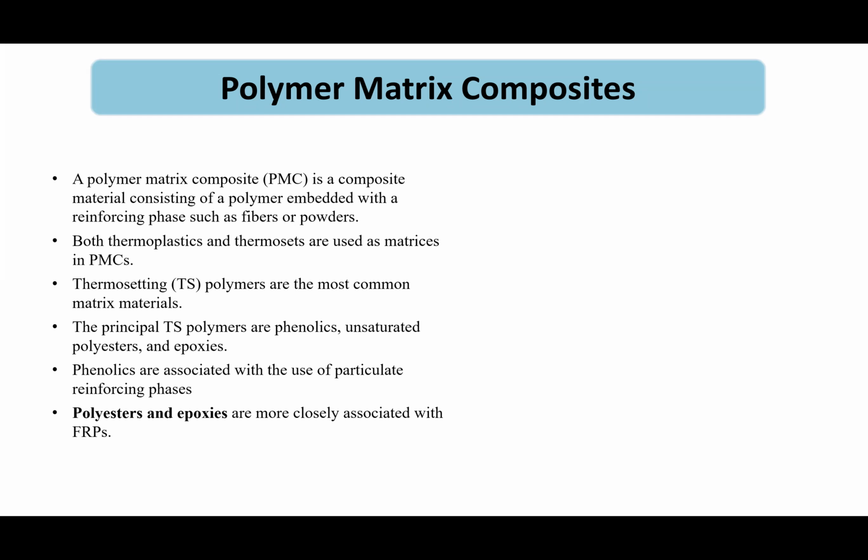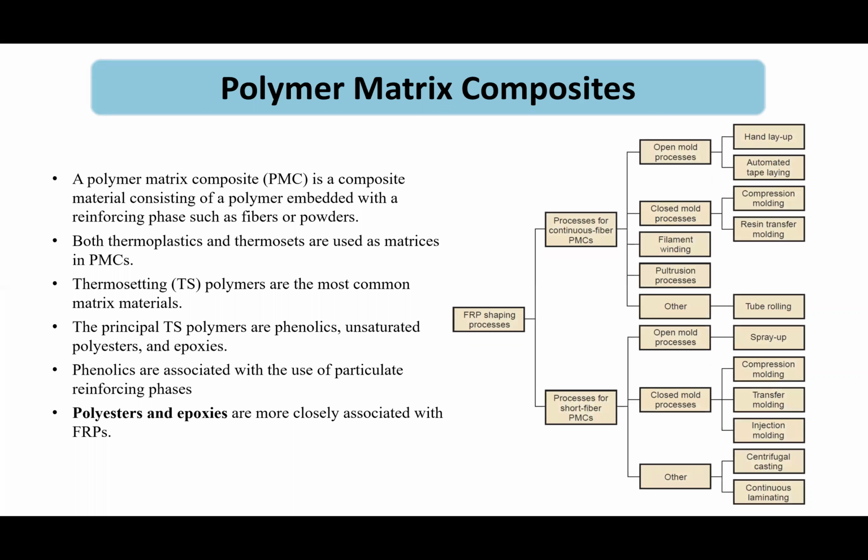If you want to use fibers like jute fiber or glass fibers or aramid ceramic fibers, and there are also Kevlar fibers, many fibers can be used along with polyester and epoxy. They perform better with polyester and epoxies. And for particulate phases, phenolics are the best choice for producing polymer matrix composites.